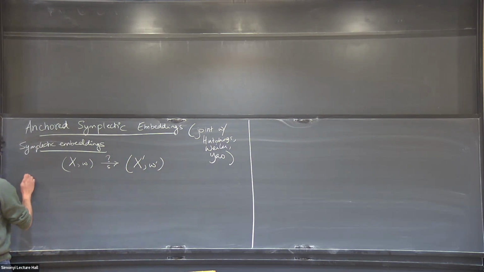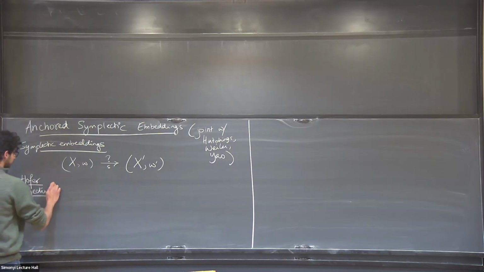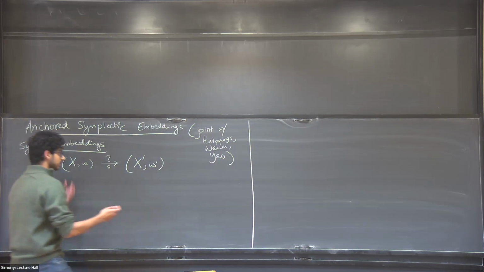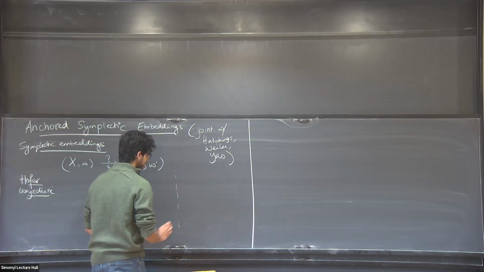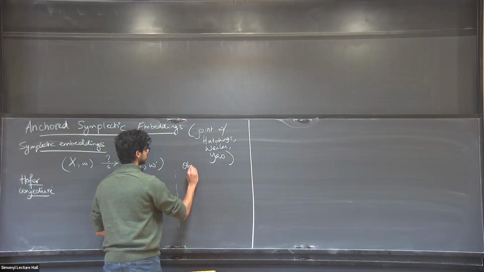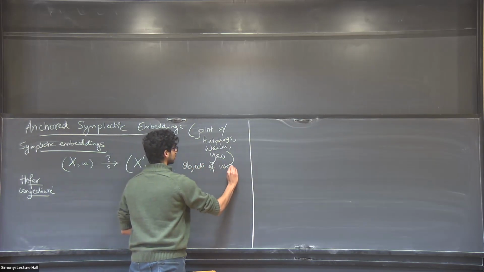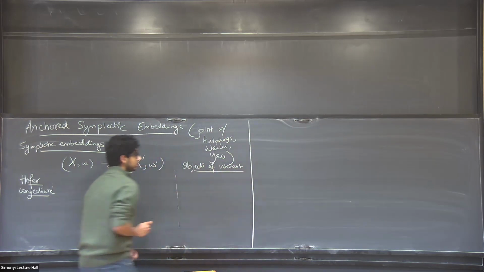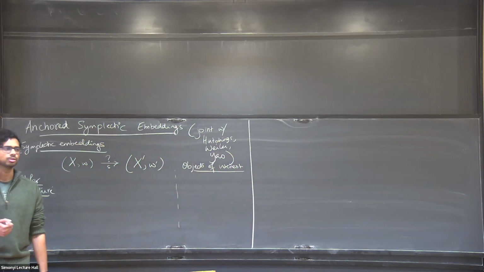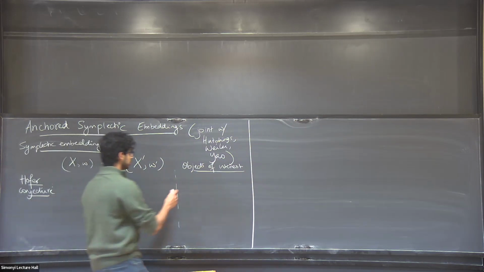And there's been some work on this, and I'm going to focus on this result, which was first conjectured by Hofer. This was about ellipsoids, and the main objects we'll be looking at will be different symplectic versions of the four ball. Those are the shapes we will consider.